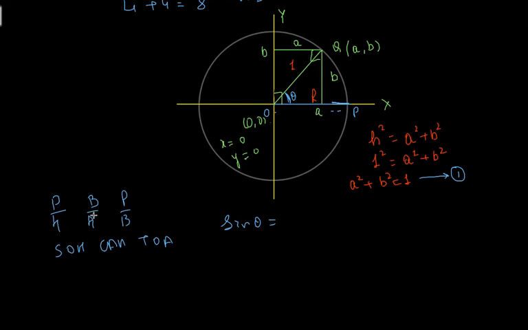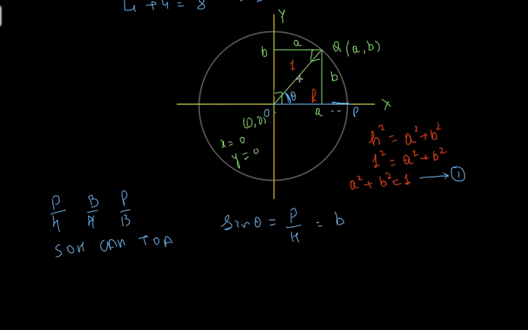Yeah, this H is not correct. Okay, cool. Looks good now. So sine theta is what? It is perpendicular over hypotenuse. What is the perpendicular? It is the B. And what is hypotenuse here? This is hypotenuse. It is the radius, right?